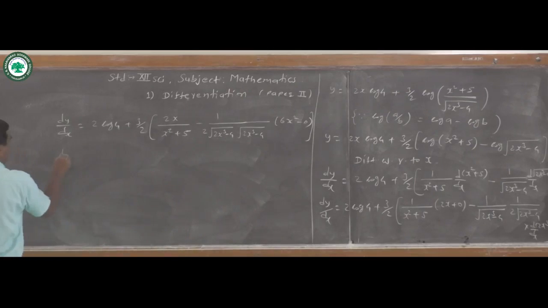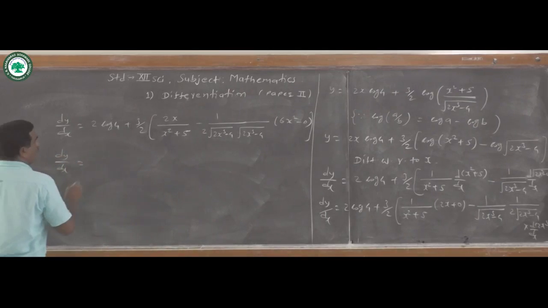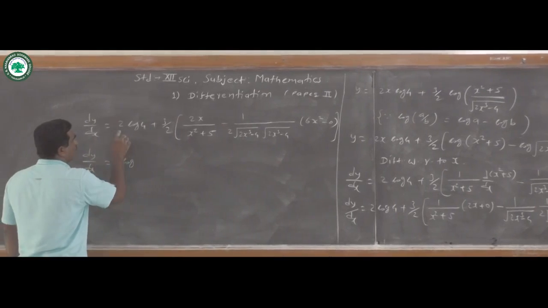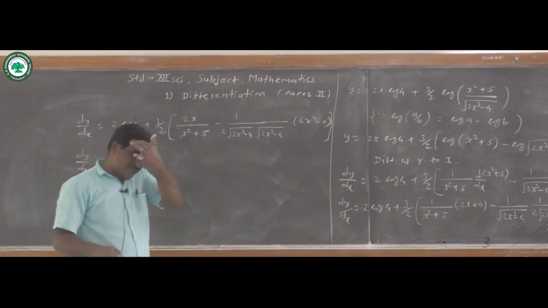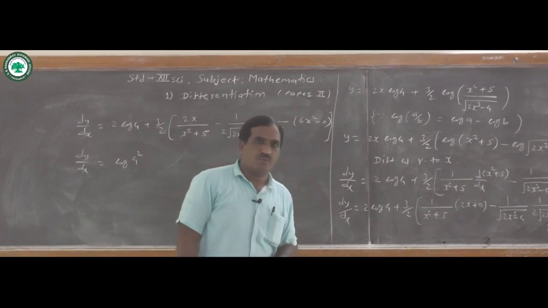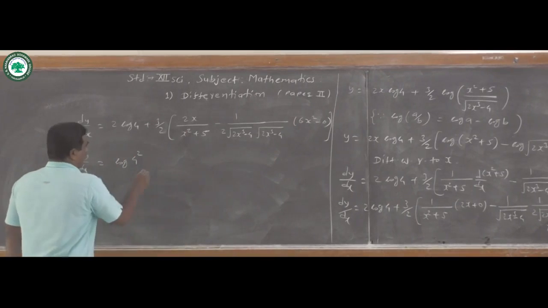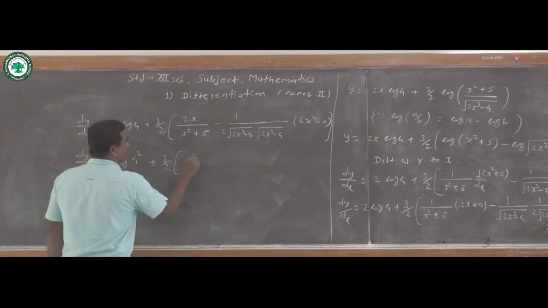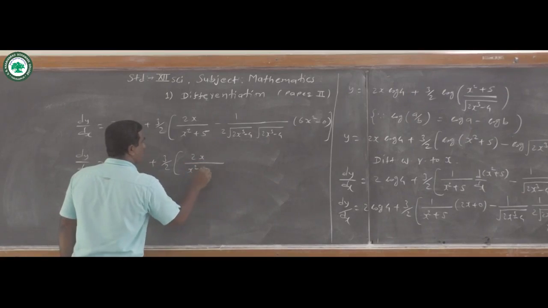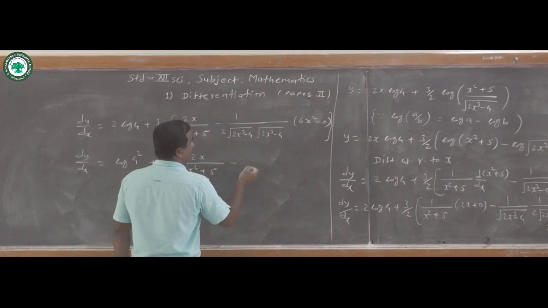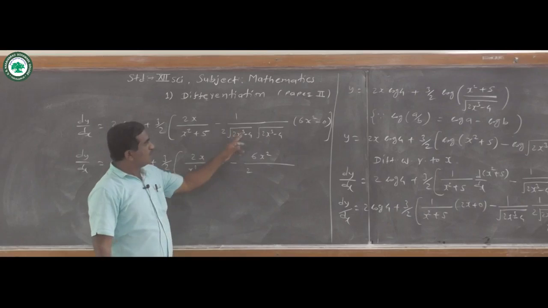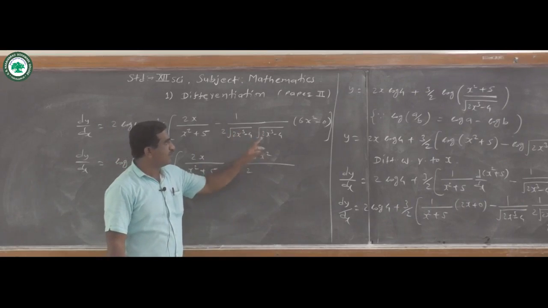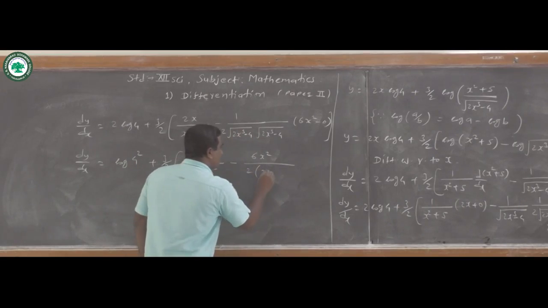Now finally we get dy by dx is equal to, we can write here 2 log 4 means log 4 raised to 2 by using third rule of logarithm, log a raised to b equal to b into log a, plus 3 by 2 into, in bracket, 2x upon x square plus 5 minus 6x square upon 2 into, here under root 2x cube minus 4 into under root 2x cube minus 4 means 2x cube minus 4 only.